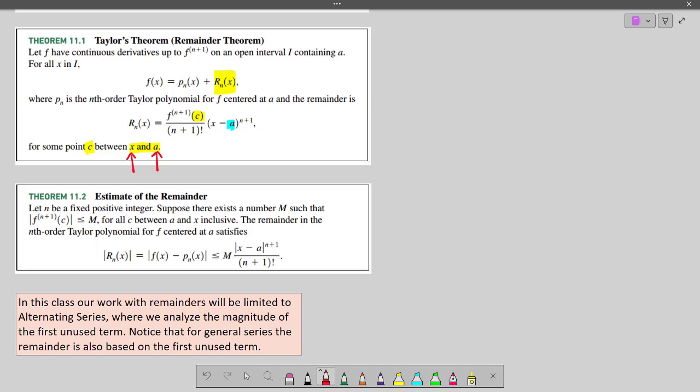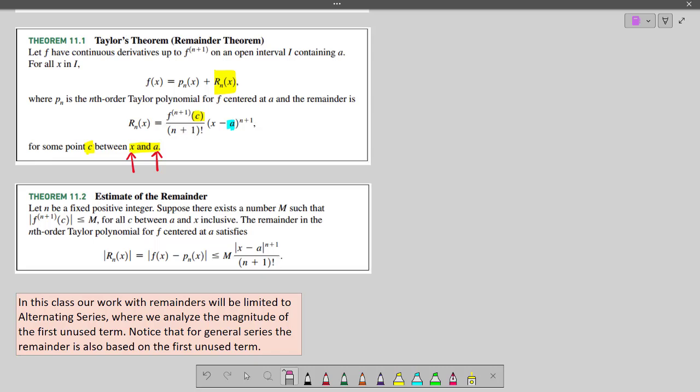So for this remainder, I can't really write R sub n, but I can say this quantity where you plug in an x, and this quantity where you plug in an a, and you could figure out two bounds.